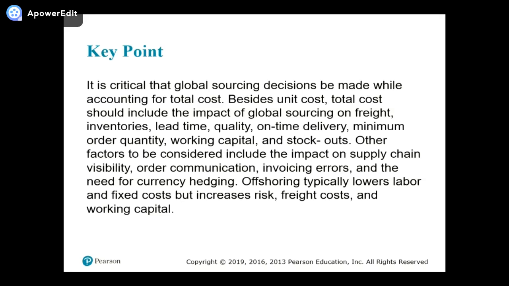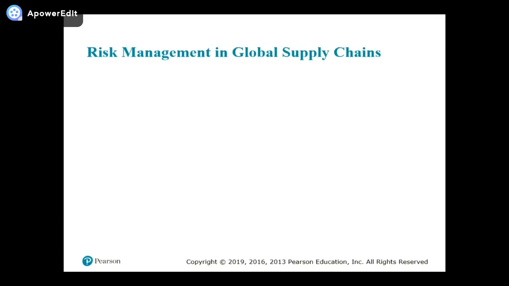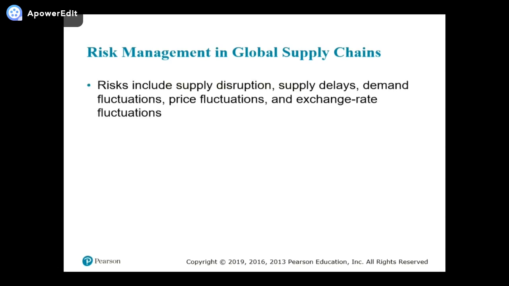And we need to also consider the impacts of these offshoring decisions in addition to cost, such as the impact on visibility, order communication, errors, and needs for hedging against currency rate changes. So in addition to costs, another important element is considering risks.